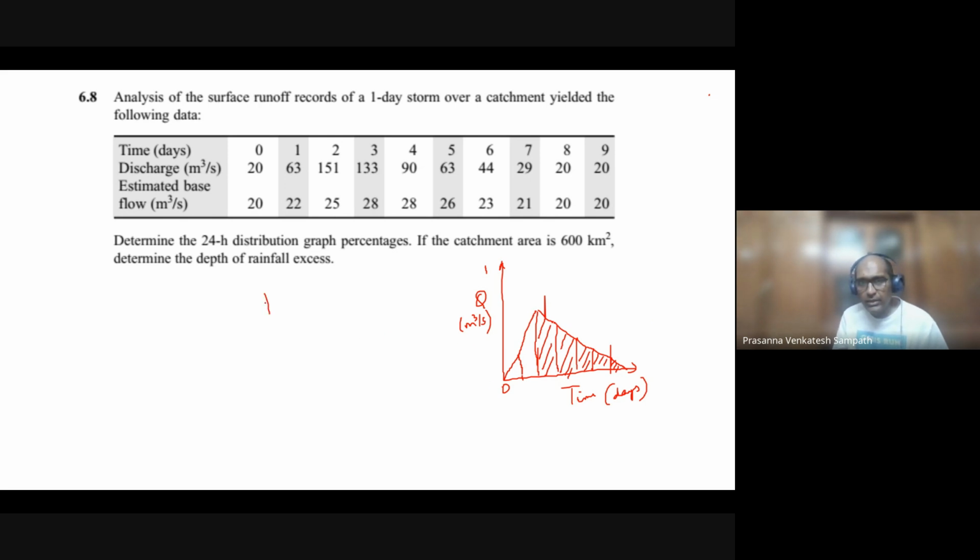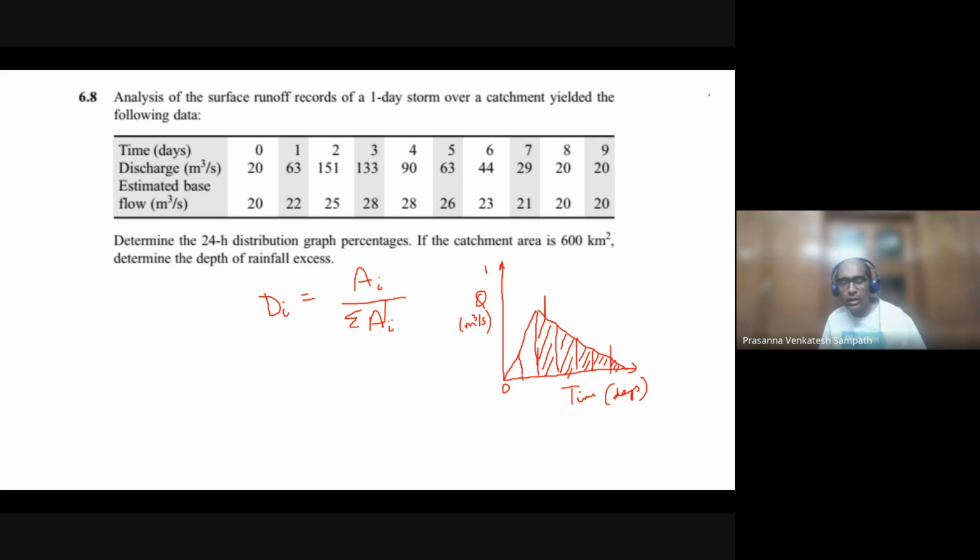The distribution graph for the ith interval will be the area under the ith interval of my direct runoff hydrograph divided by the total area under the curve.